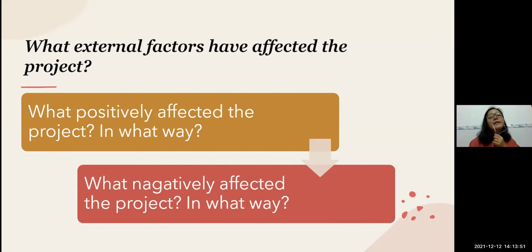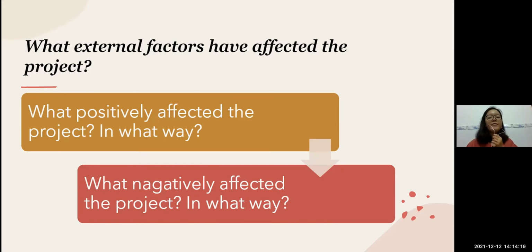Next, we come to some external factors that might or already have affected your project. Take the case of COVID-19, it affects everything. So when I talk about this point, I want to show that your activity or your project happens in the context of a reality, and you cannot detach it from the reality that we live in.